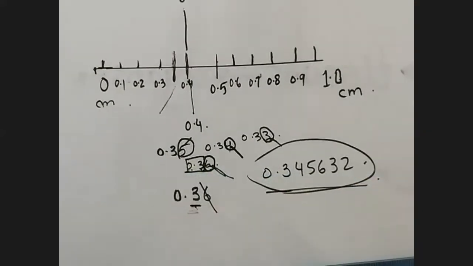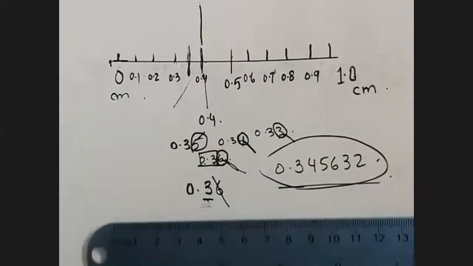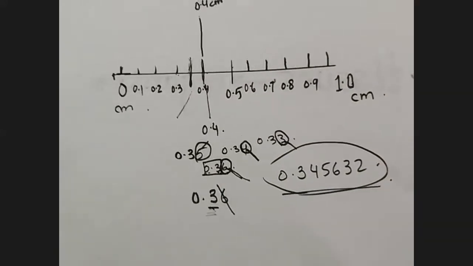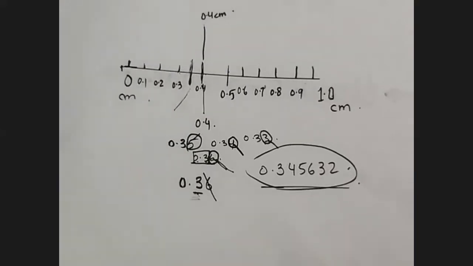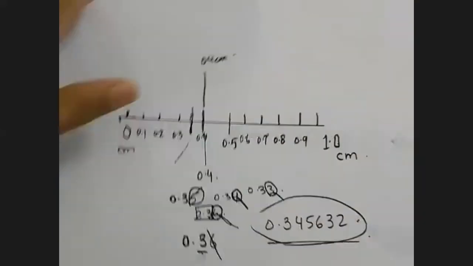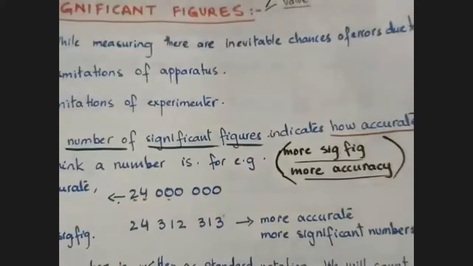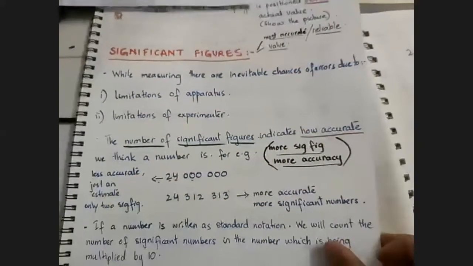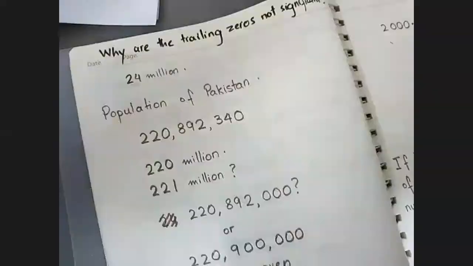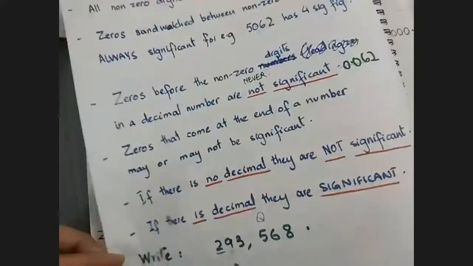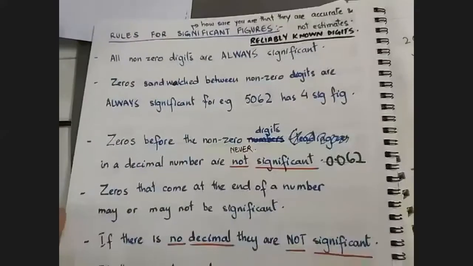We humans can never be 100%, no matter what. We can get close to 100, but we can never reach it. That's why it is important to understand significant figures. So let me first read out the rules of significant figures for you, and then we will discuss them.